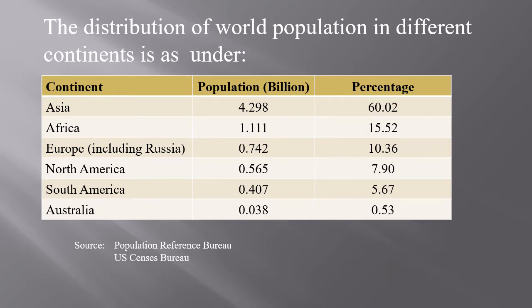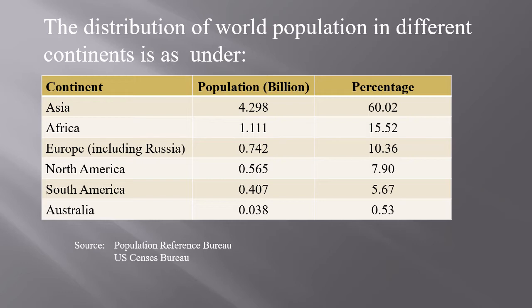Europe's total population is 0.742 billion, contains 10.36% of the total world's population. North America's population is 0.565 billion with the 7.90% of the world's total population.